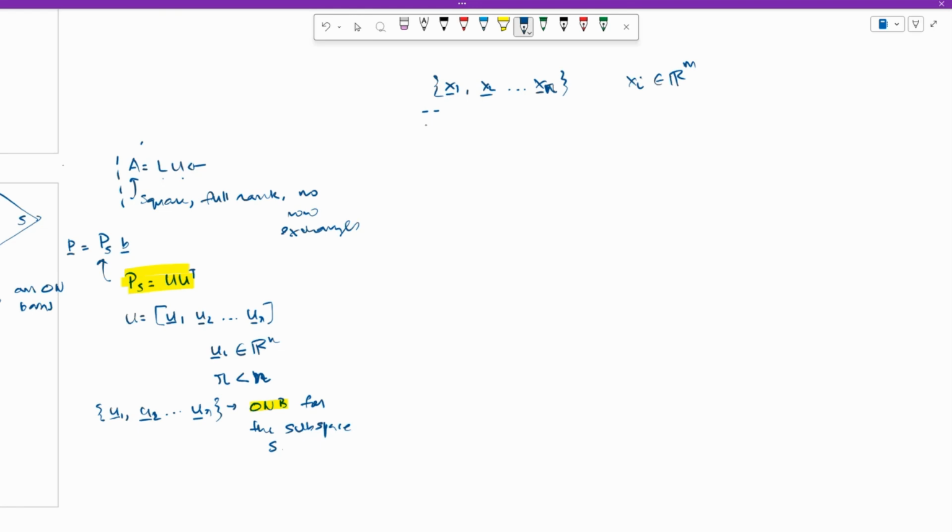Okay. Now let's say we're talking about a one-dimensional subspace. That means the set that we started with is simply x1. And we want to convert this to an orthonormal basis. Well, if there is only one vector, and this is a basis for a one-dimensional subspace, that means x1 has to be non-zero. It's very easy to convert this into an orthonormal basis.